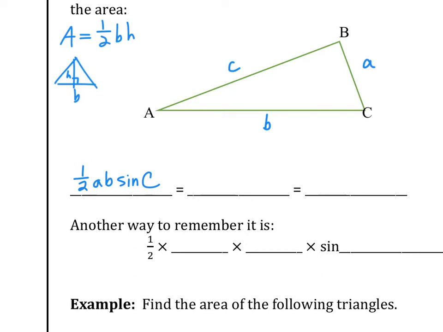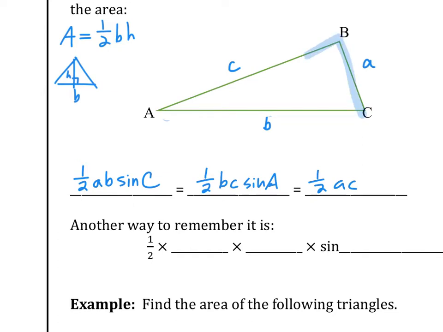Sometimes you're not given those 3 pieces of information. You're given something else. Then the formula could also be 1/2 BC and then sine of the angle in between. So this is another way to find the area of that same triangle. And then that leaves us with the last possible option, which is 1/2 AC.